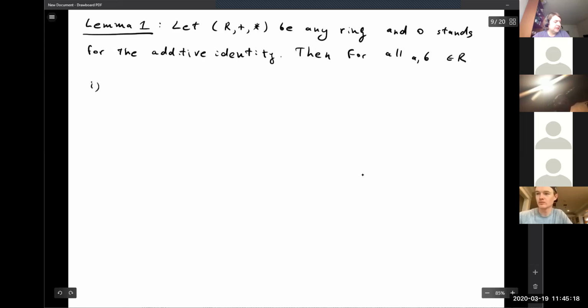First of all, we will get that A star 0 is the same as 0 star A is the same as 0.